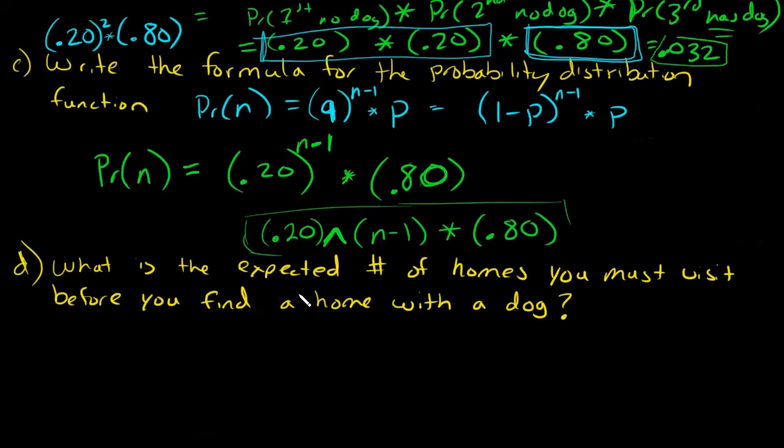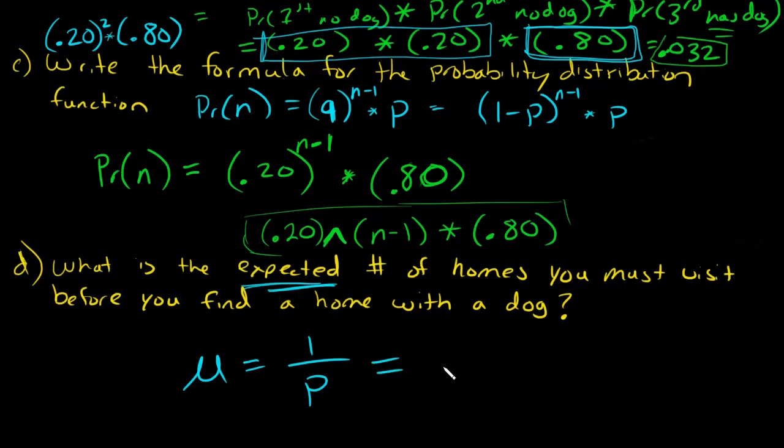Okay, what is the expected number of homes that you must visit before you find a home with a dog? Whenever you see the keyword expected, that's basically the same thing as the mean. The mean, mu, for a geometric probability distribution function is 1 over p. So expected and mean are basically the same thing.